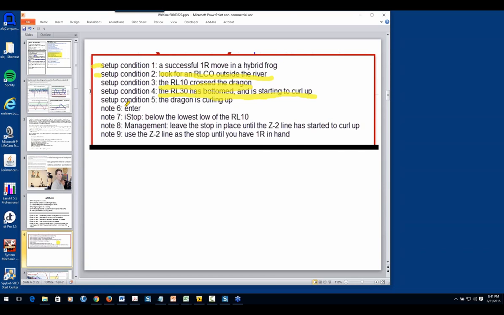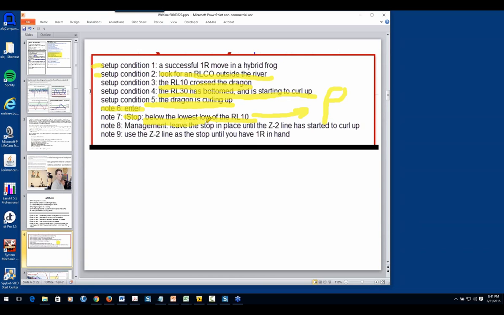And then setup condition 5, the dragon is curling upwards, moving upwards, has a positive slope. Then we just enter. Note 6. And our initial stop is below the lowest low of the RL10. And we remember from the regression line videos that the RL10 is the same as price for a trader.